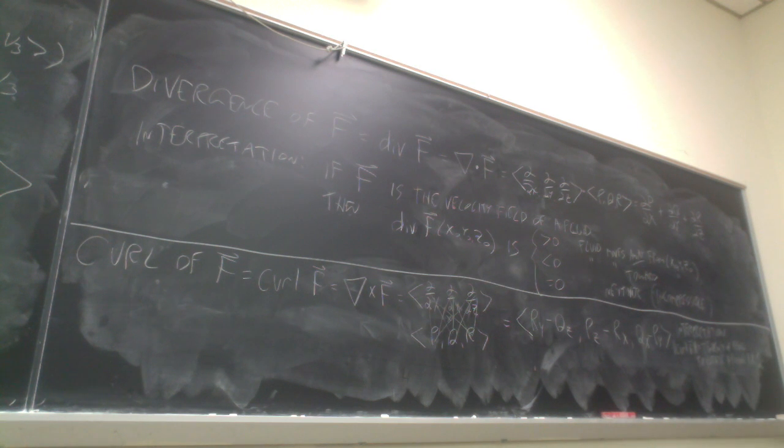So is there any vorticity? Is there any swirling going on? The direction of curl F, that's the axis that it would be rotating around. So if curl F turns out to be quite large, then there's a lot of vorticity at that point, and you can tell from the direction what is the axis that it's swirling around.